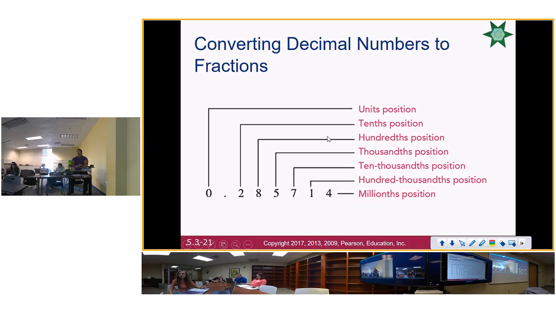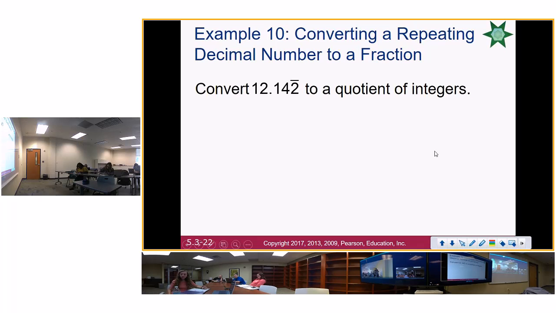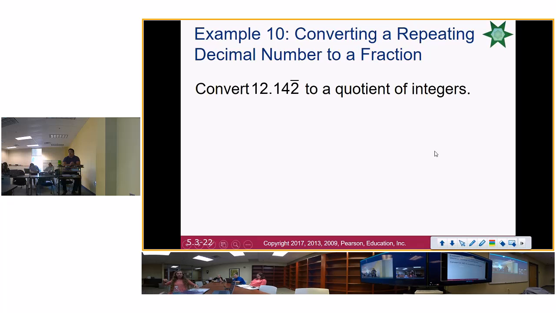Here we go, this is where we turn. This right here says convert 12.142 repeating to a quotient of integers. What we're going to do is say x is equal to 12.142 repeating, and then multiply it by 100, you'll see why in just a minute.